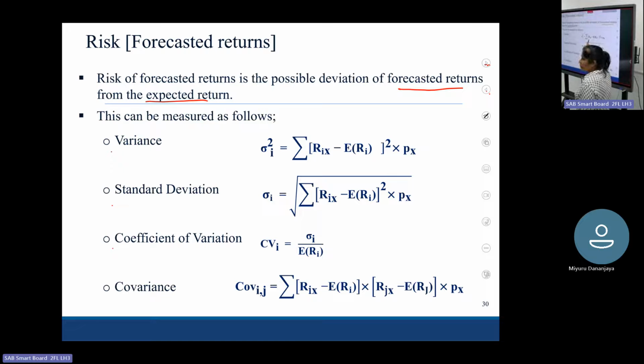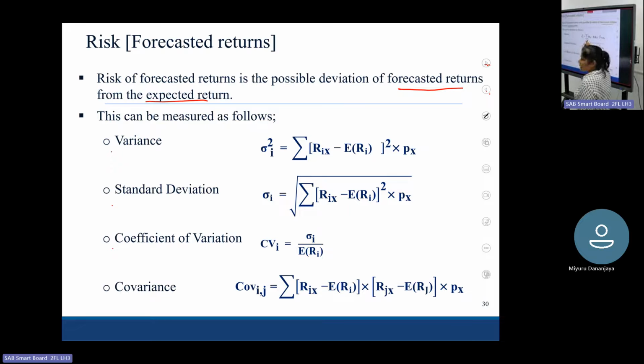The deviation squared, into the probability of happening that state of economy, plus the next one.